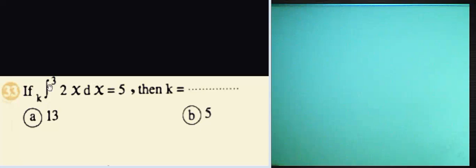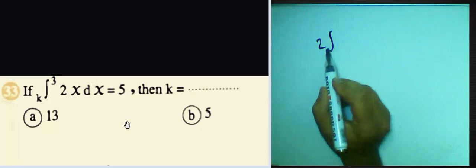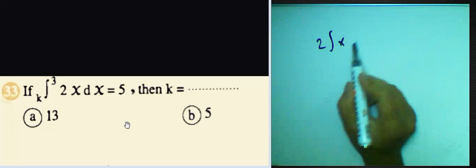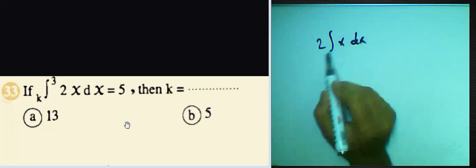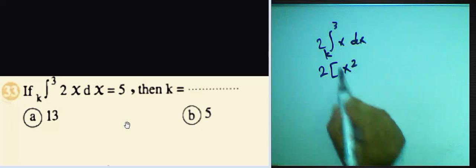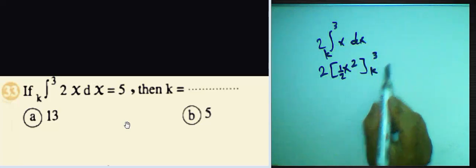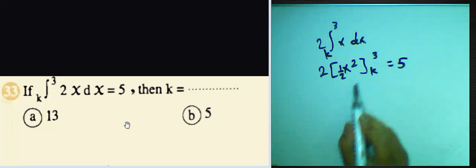If the integration from k to 3 of 2x dx equals 5, then k equals what? We can find the integration, write 2 outside as the coefficient, then x dx from the interval k to 3. It will be 2 multiplication x power 2 divided by 2 from k to 3. The result here is 5.